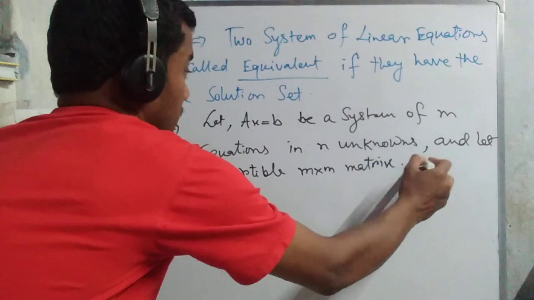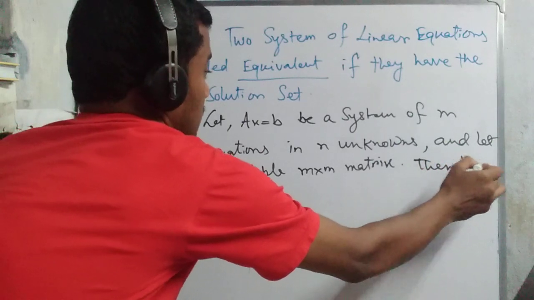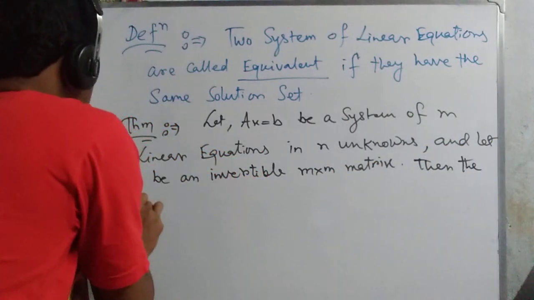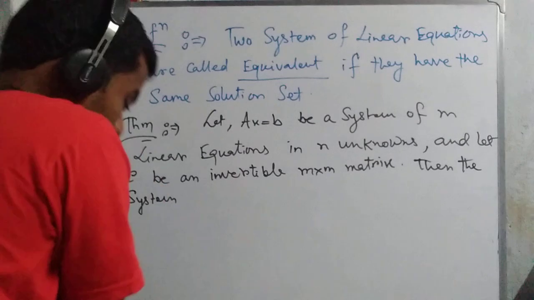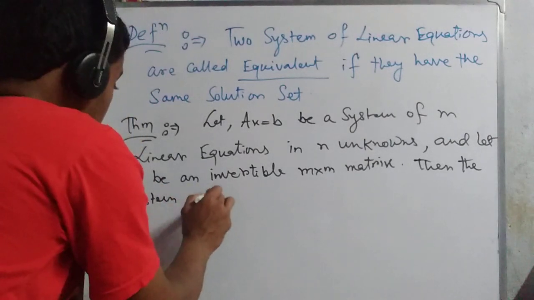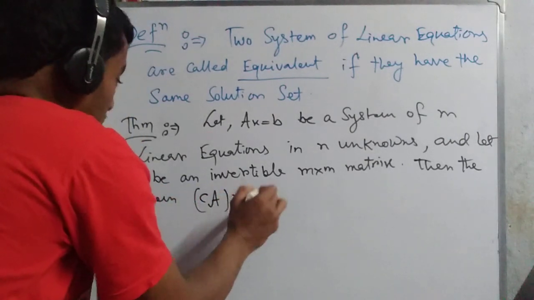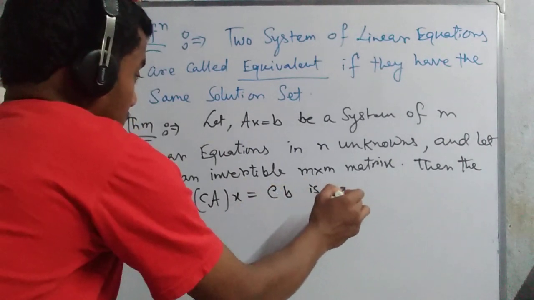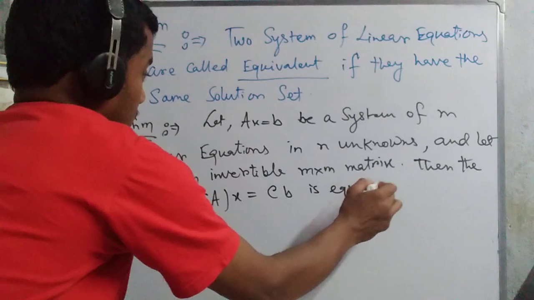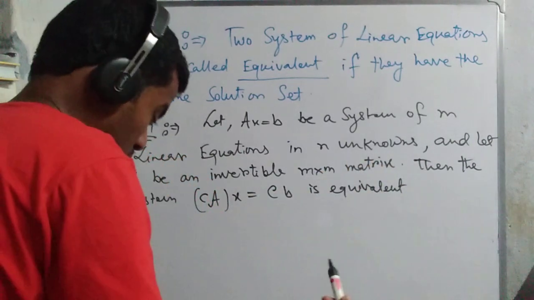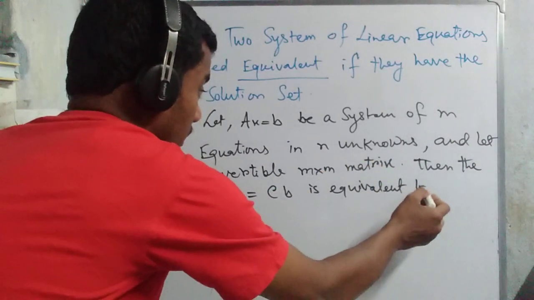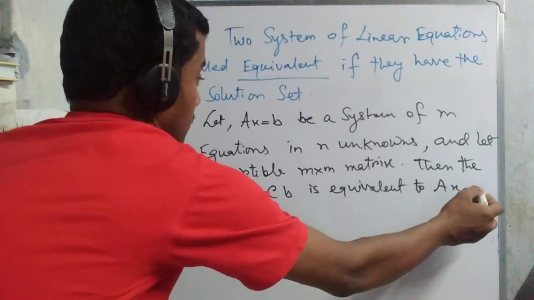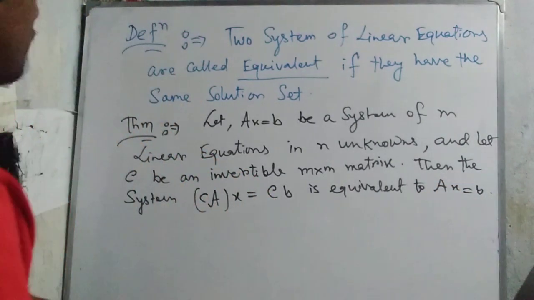Then the system CAX equal to CB is equivalent to AX equal to B. Understood?